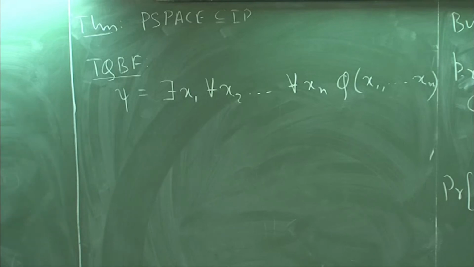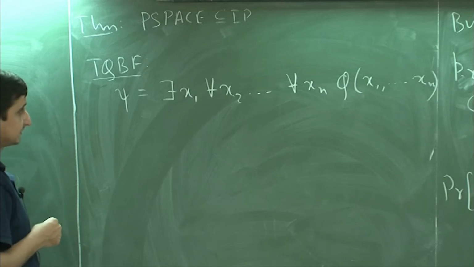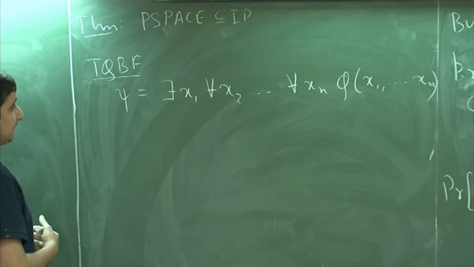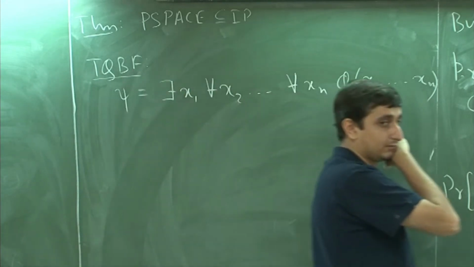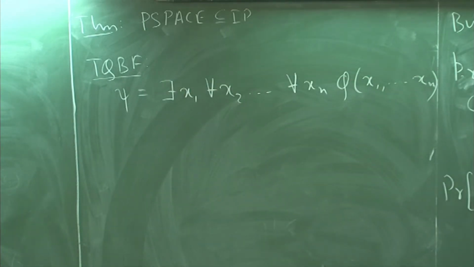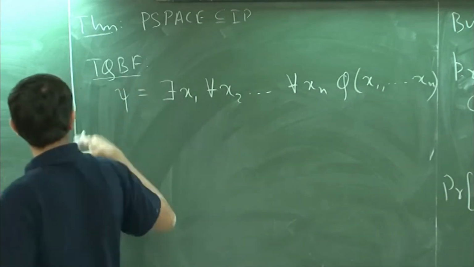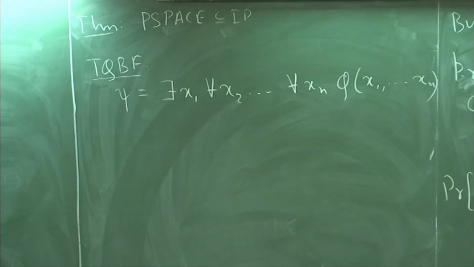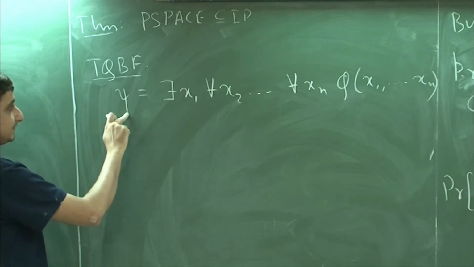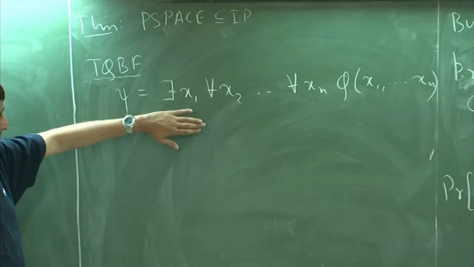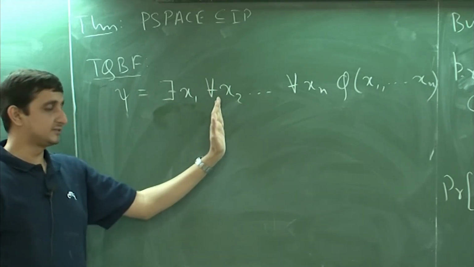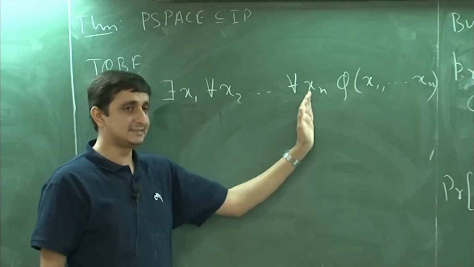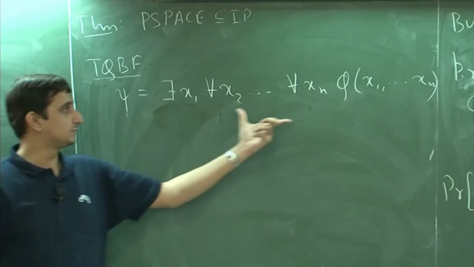So this we had at least claimed at one of our earlier lectures. So how do we show that there is some IP protocol for this problem? TQBF stands for true quantified Boolean formulas. It is the set of all Boolean formulas phi such that for some assignment to the variable x1 and for all possible assignments to x2 and so on up till xn, this will evaluate to true.